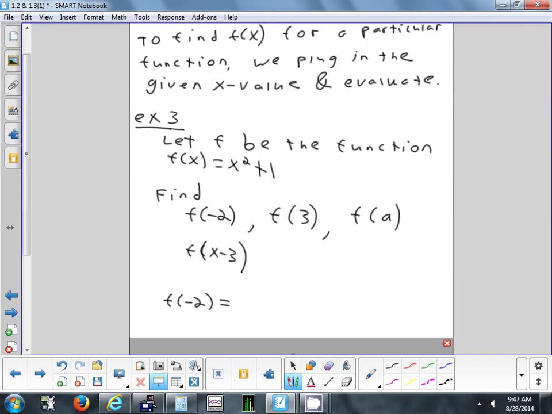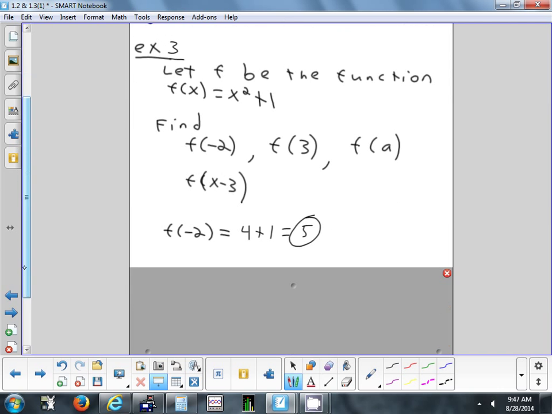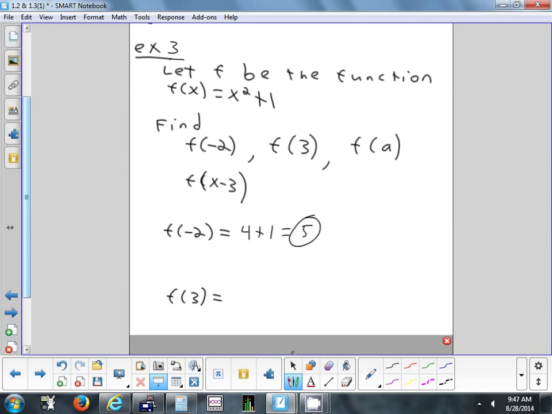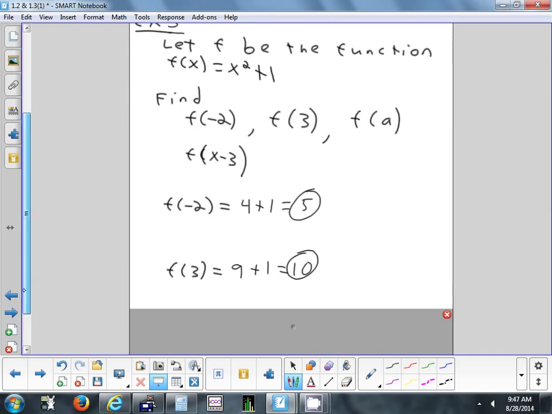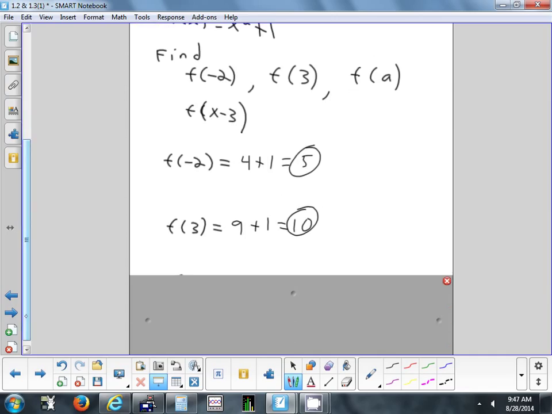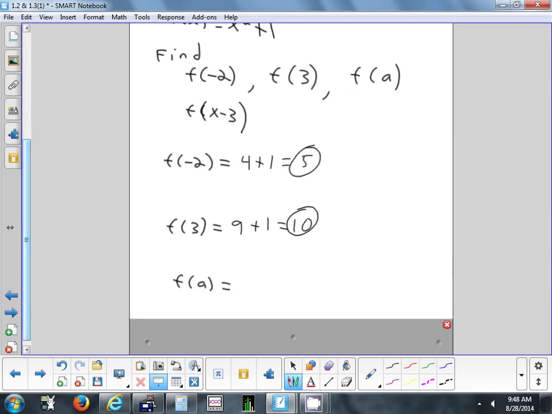Brandon, what's -2 squared? 4. We get 4 plus 1 gives me 5. For f of 3, you do 3 squared, gives me 9, plus 1 gives me 10. What would I do to find f of a?